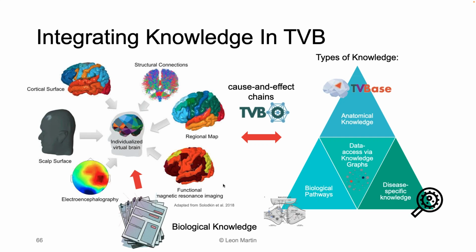And using that knowledge makes the model better at explaining the structural changes of those individuals than just using individual data. So this is pretty cool, but this is just a static model, basically.